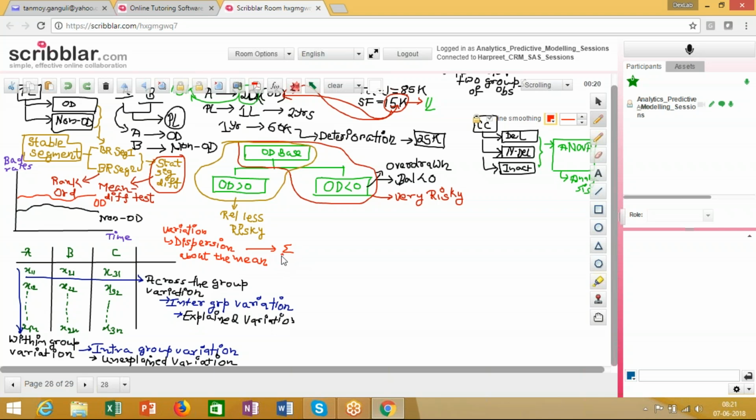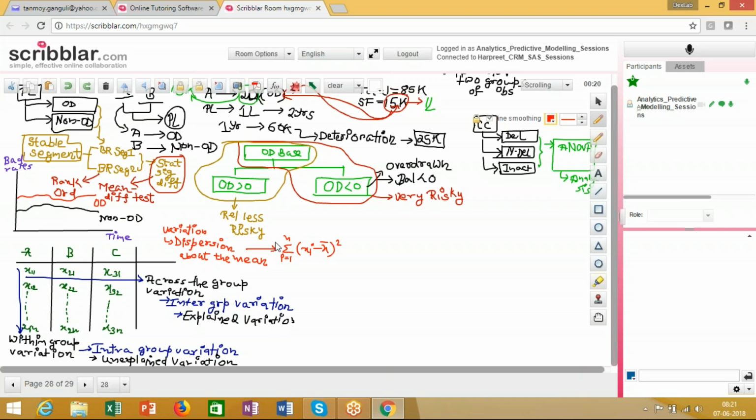So that is summation i equals 1 to n, xi minus x bar whole square. This is the expression of the total variation that you have about the xi's.